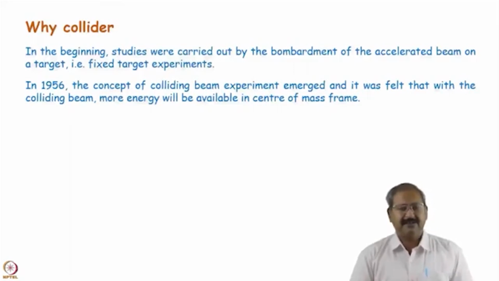However, in 1956, the concept of the colliding beam experiment emerged: instead of a fixed target, two colliding beams, which means the target is also a beam. Two beams having high energy collide. That's why colliders are also known as smashing machines.